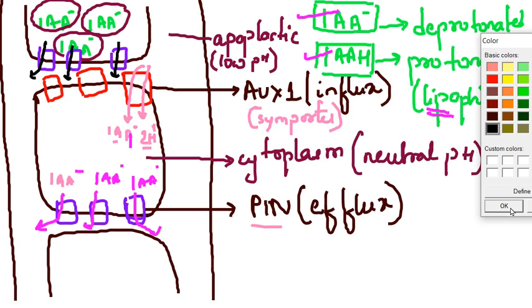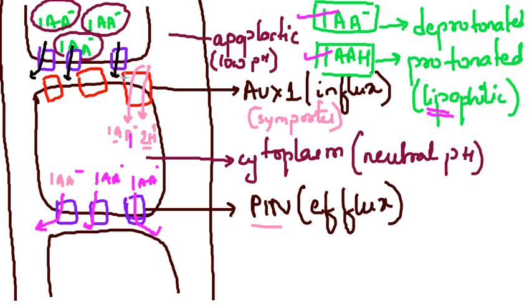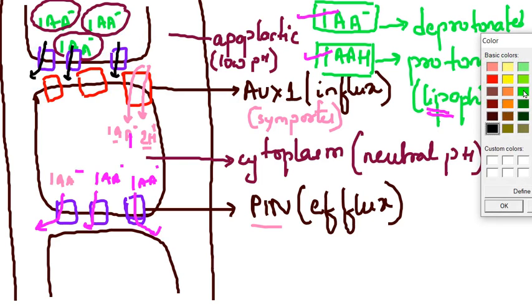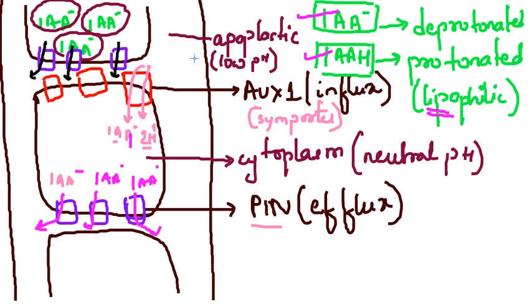So this is IAAH. What happens? These IAA minus which are released here react with H plus. Where are they reacting with H plus? They are reacting with H plus in the apoplastic region and forming IAAH.